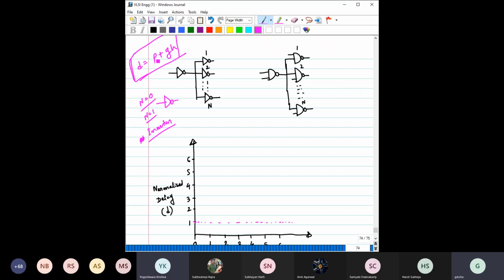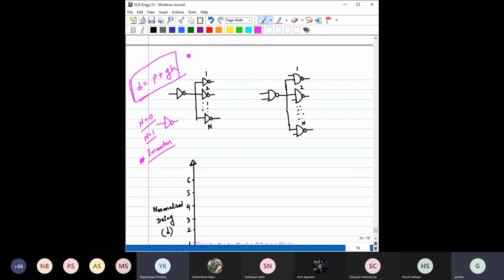So it is basically then 1 plus GH. So basically for the inverter, this equation is transformed to D equal to 1 plus, what is the G value for this inverter?